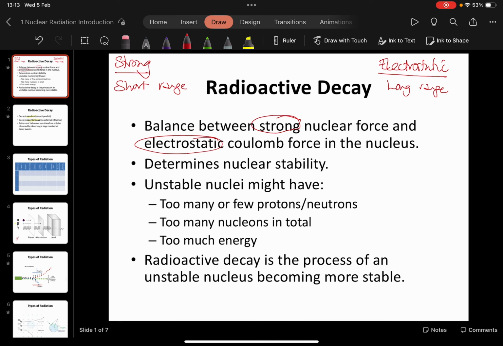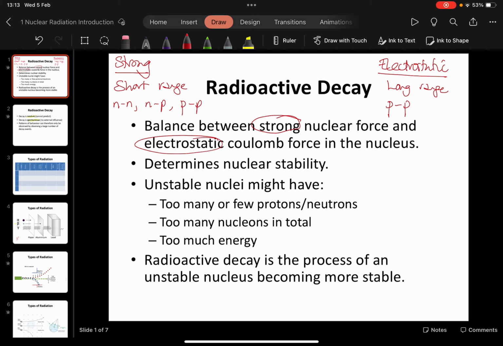We know that the electrostatic force is weak by comparison to the strong force, and that it operates over different particles. The electrostatic force is the force of repulsion between 2 protons, but the strong force is a force of attraction between neutron-neutron pairs, neutron-proton pairs, and proton-proton pairs.